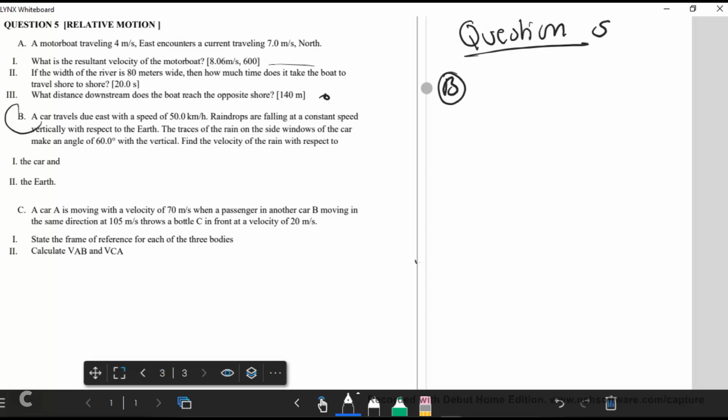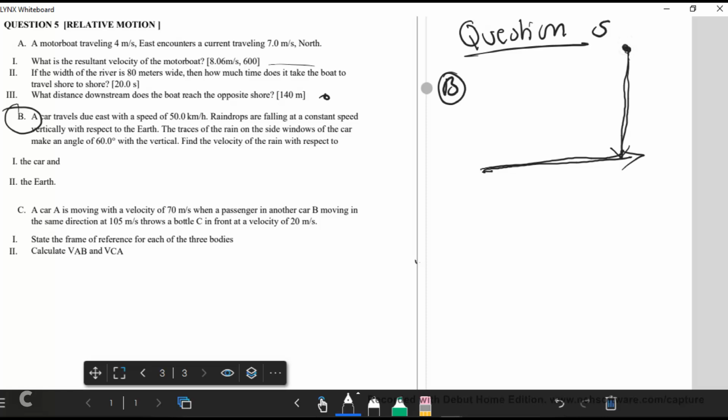So I want you guys to understand this. The car was moving like that, right? So if this car was moving like that, we have the vertical rain directed to the earth. This is the car moving this side, and the rain is directed to the earth. Then this was the window of the car.